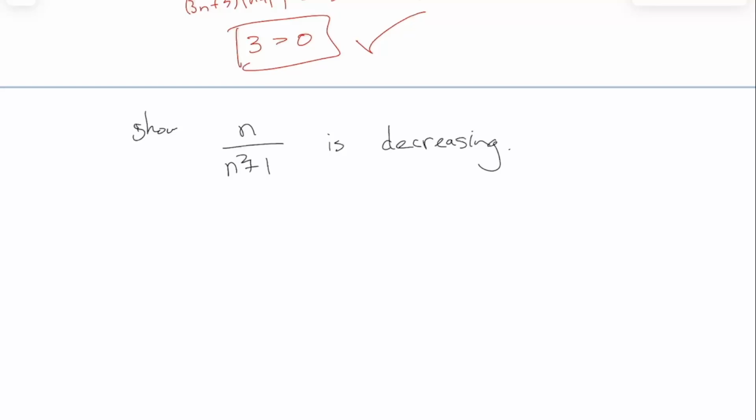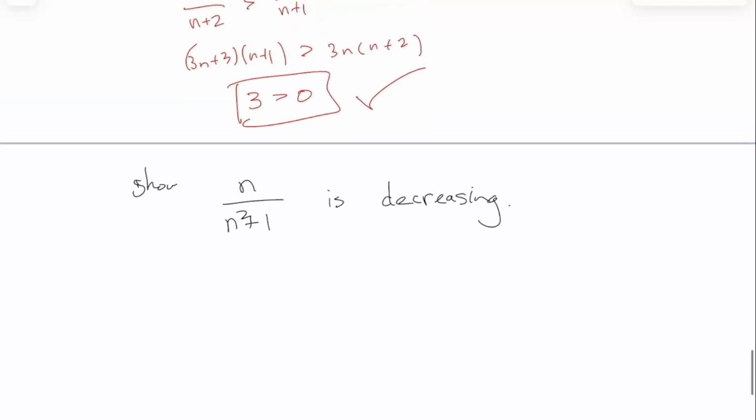This one, if you do it similarly, you will get down to some kind of ending step similar to this, although when you do it, the last part is, I would say, less obvious than 3 greater than 0, but still obvious. So you might have to say a few words at the very end also. See how it goes.